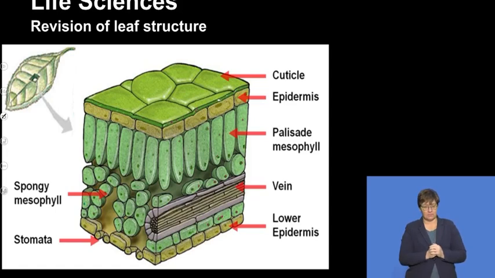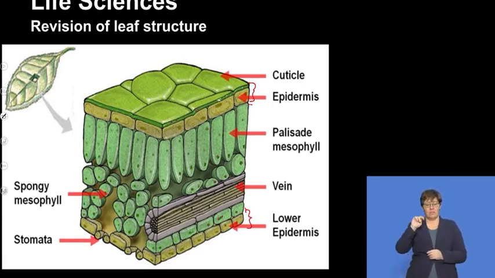To understand this, you need to remember what a leaf looks like. So we're going to do a bit of a revision on what the inside of a leaf looks like. So to start off, on the upper and lower surfaces, we have an epidermis with a waxy cuticle.